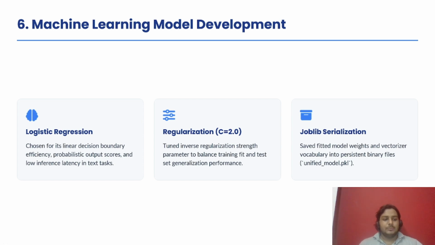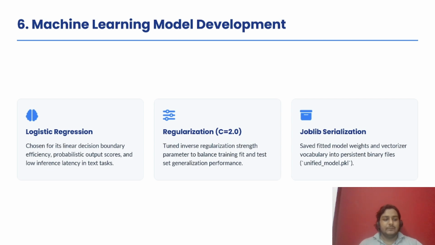Moving on to the model development. Model selection: logistic regression was selected due to its linear decision boundary, efficiency, and low inference latency in text tasks.